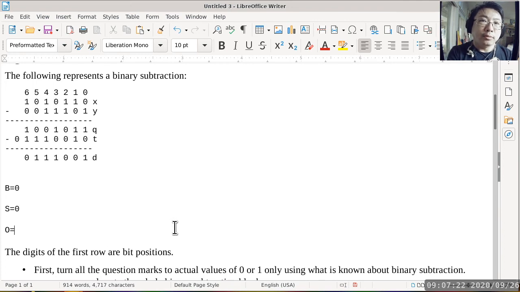The overflow bit is this bit and not this and not this, or not this bit and this bit and this bit over here.